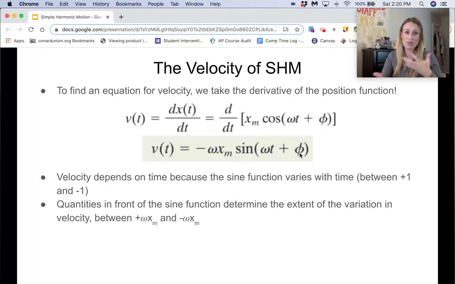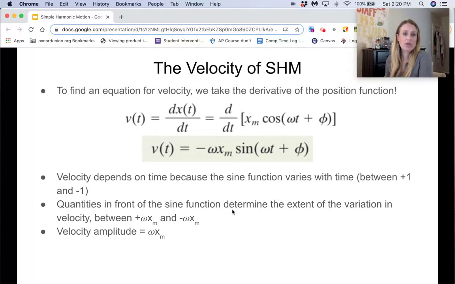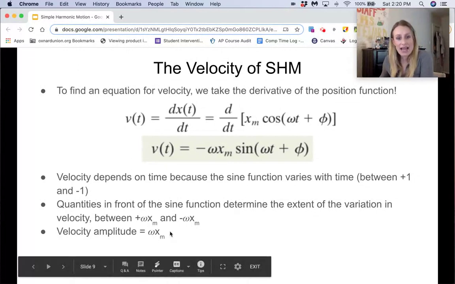So this is why we are oscillating between a positive omega times our amplitude position, which is the maximum distance from equilibrium, and a negative omega, angular velocity, times the amplitude position, okay? So we call this the velocity amplitude or the maximum velocity. That's going to be the angular velocity times the amplitude of the motion.